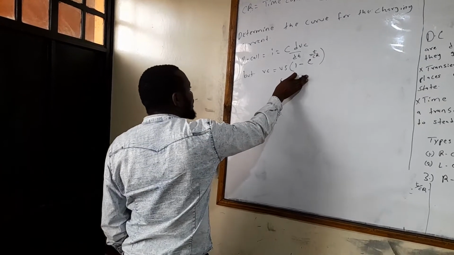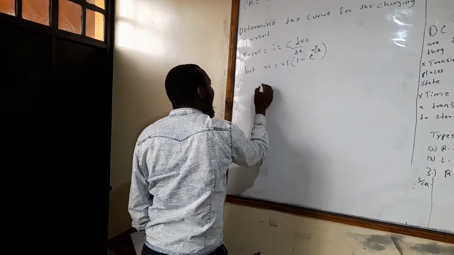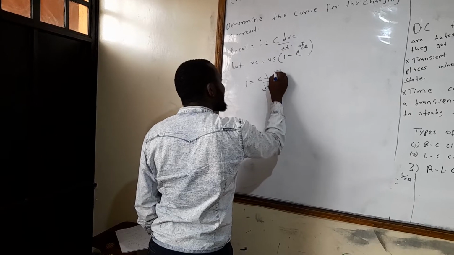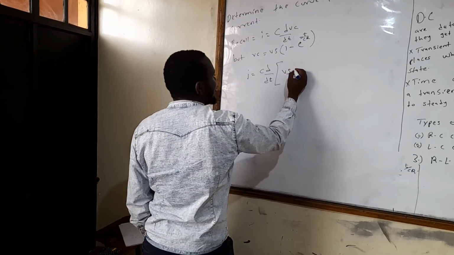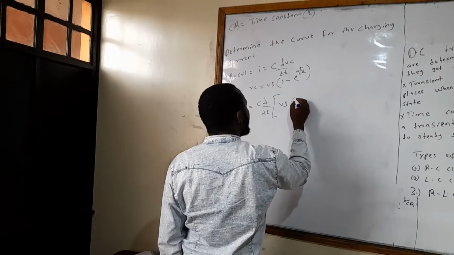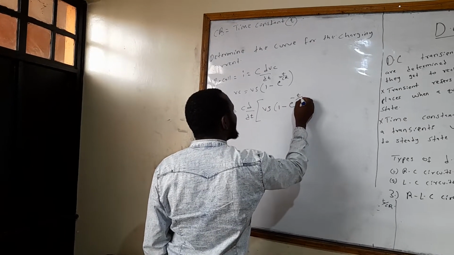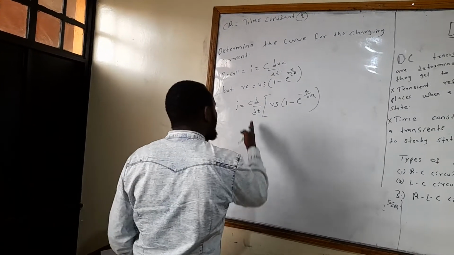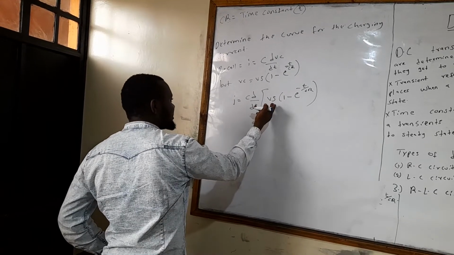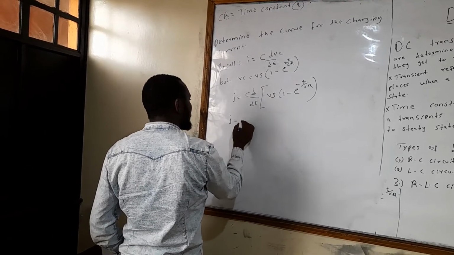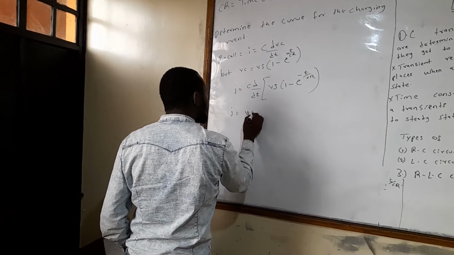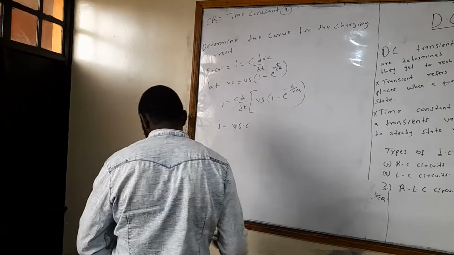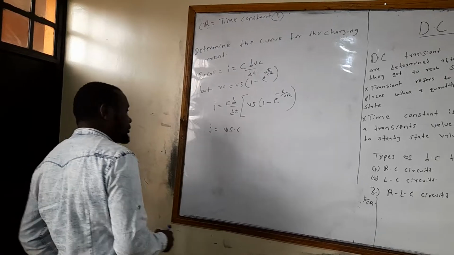Therefore, we are going to replace this one here. I is equal to C d over dt, open the bracket, Vs times 1 minus e negative t over Cr. We are going to take the constant outside. So I is equal to C Vs. When you differentiate this, remember differentiation.